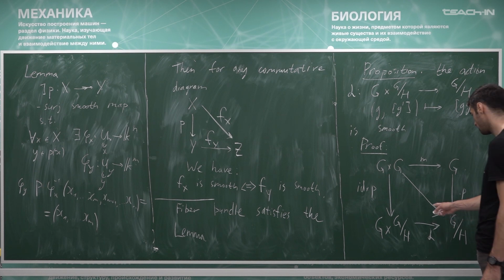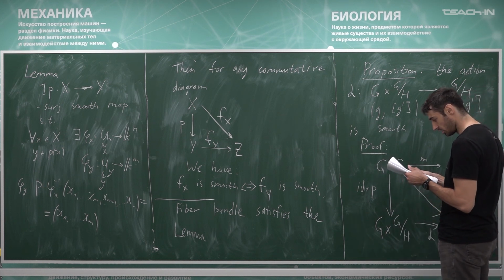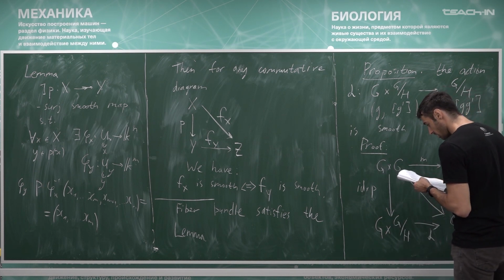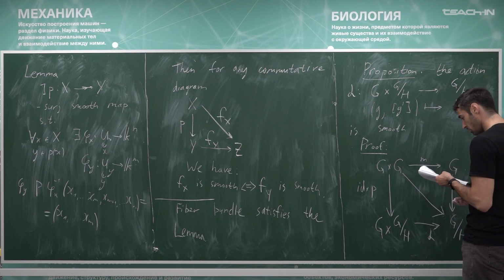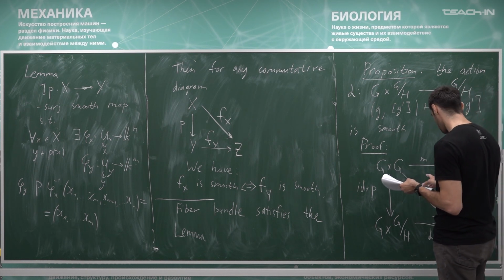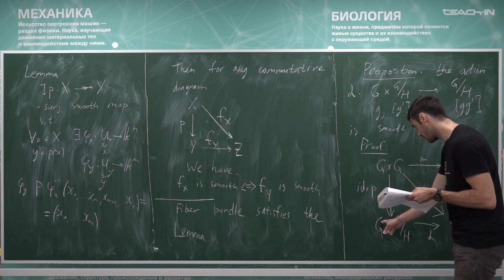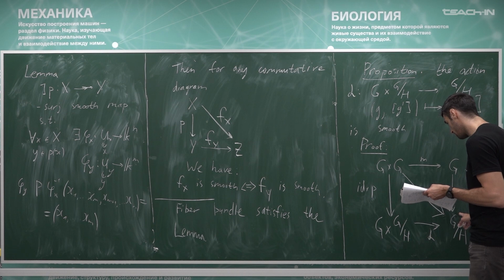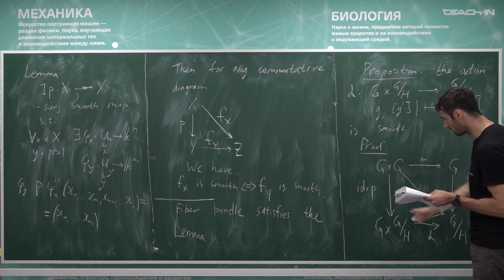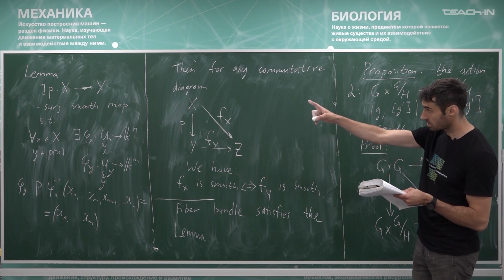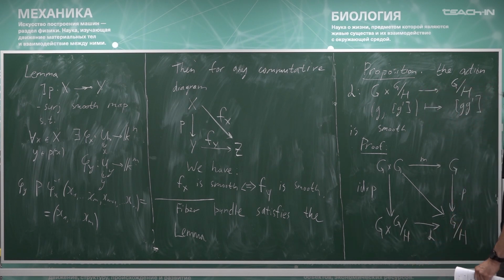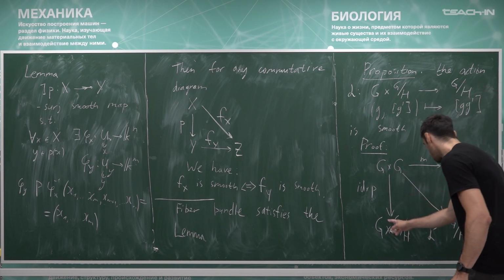This diagonal is smooth, and this is also fiber bundle, by the way. And this is fiber bundle. So both these triangles satisfy this lemma, but we actually need this one.